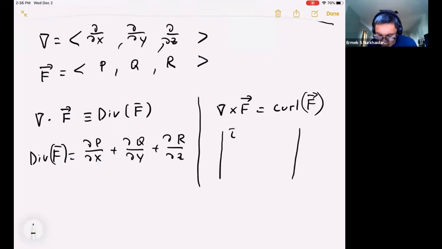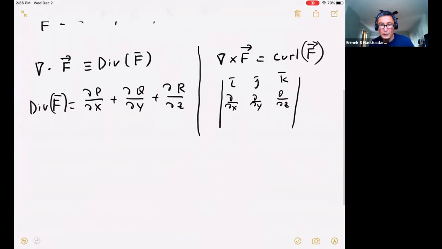We write down i, j, k, like x, y, and z. Then we write down partial derivative with respect to x, partial derivative with respect to y, partial derivative with respect to z. That is gradient. Then we write down the coordinates of f, which is P, Q, and R. Then we calculate that determinant.